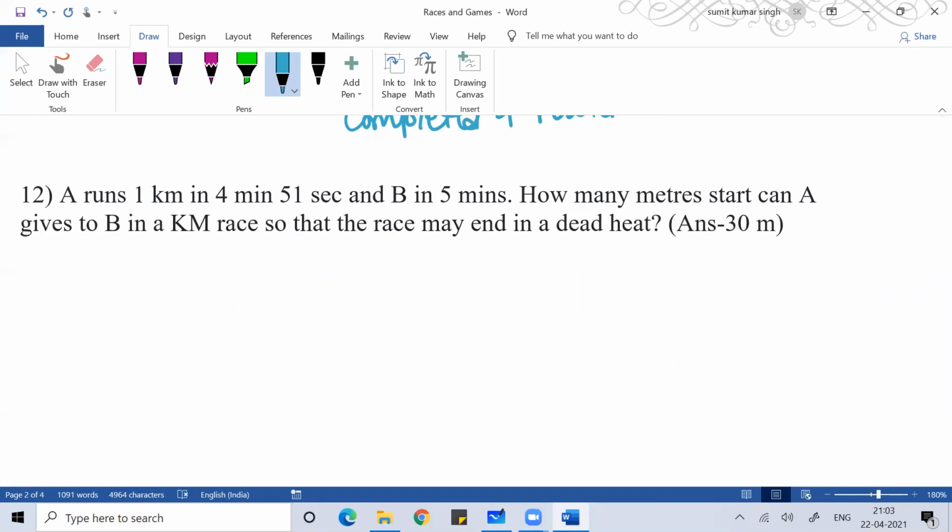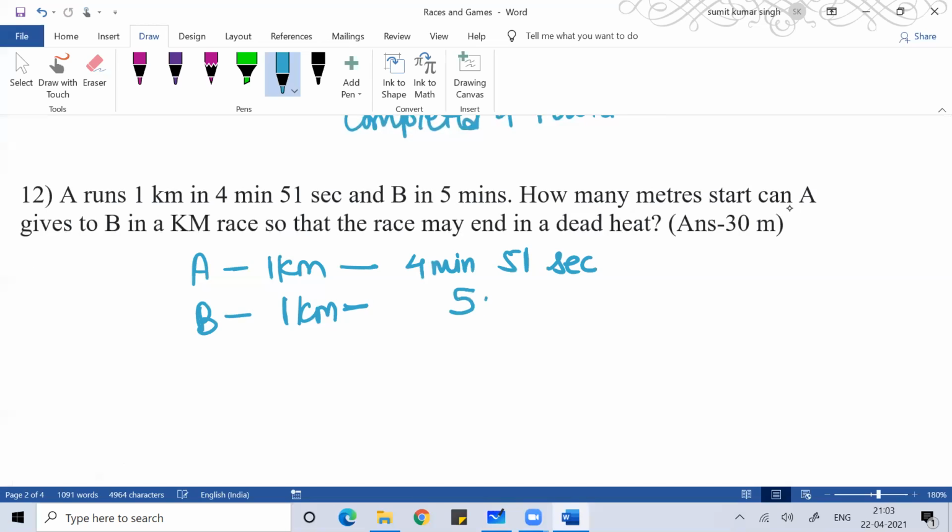If you understand here, A completes 1 kilometer in 4 minutes 51 seconds, and B covers 1 kilometer in 5 minutes.